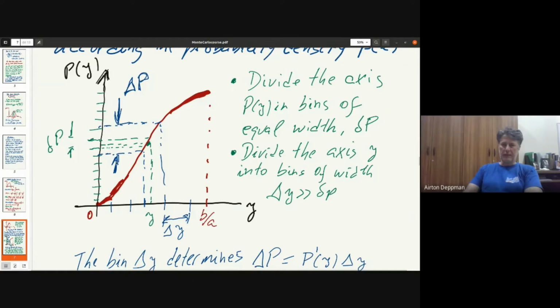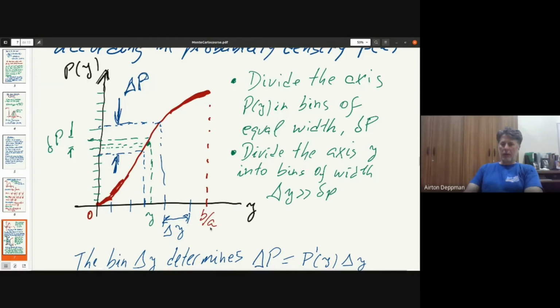So we have this large range delta P determined by the width of the bin delta y. And of course, the function is important to describe how the range delta P depends on the width delta y.